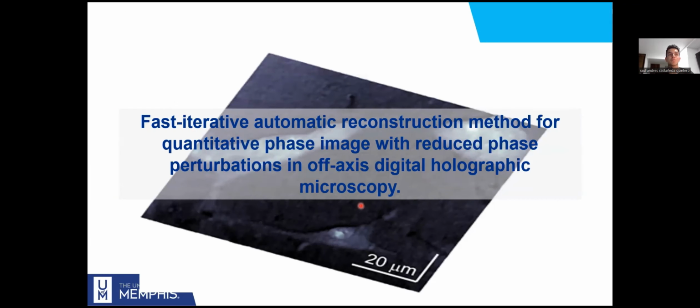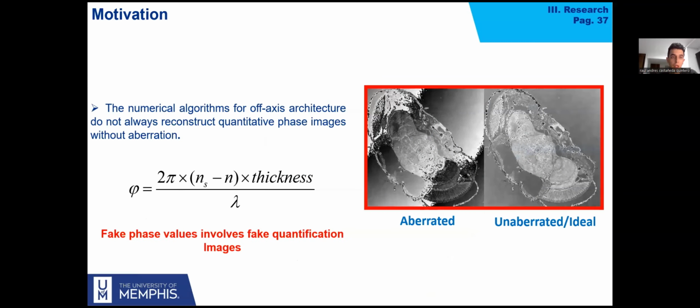Okay, so the second work in the PhD was the implementation of a new algorithm for retrieving phase information free of aberration in digital holographic microscopy for off-axis architecture. So what is the motivation?